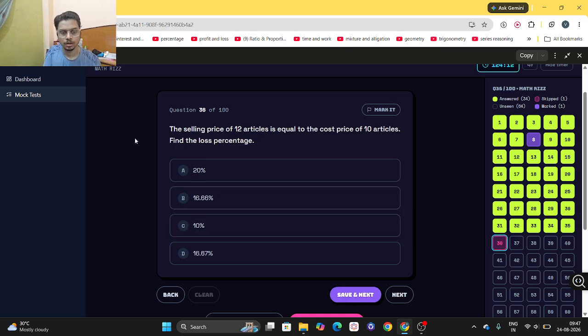Next. The selling price of 12 articles is equal to the cost price of 10 articles. So 12 SP is equal to 10 CP. SP upon CP is equal to 6 upon 5. 1 by 5 into 100 is 20%.